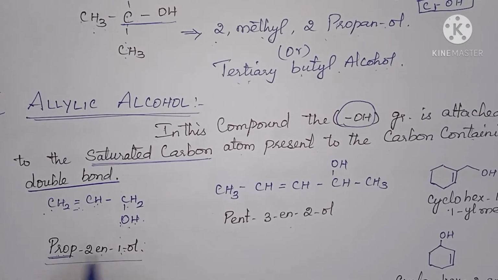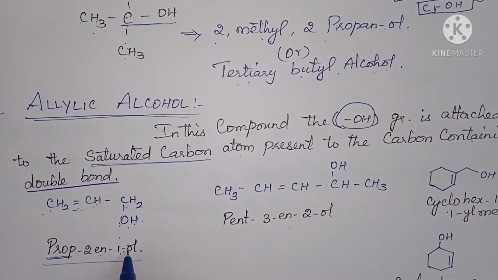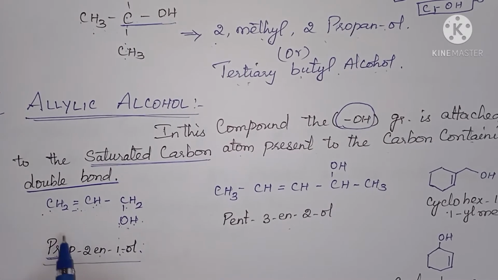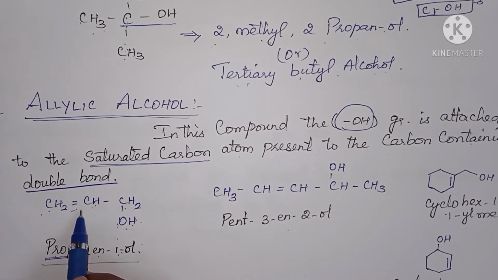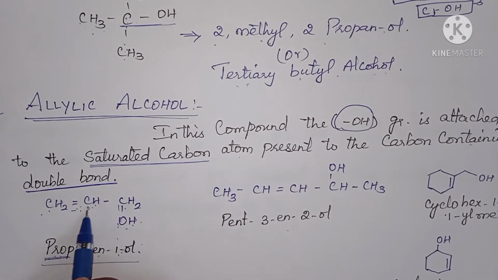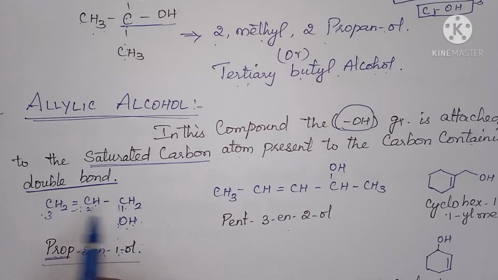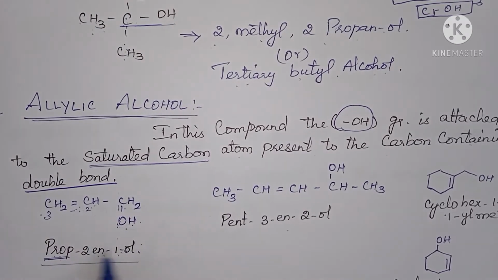So prop-2-en-1-ol. We give priority this way, but write the name from last to first. So how many carbons? 3 carbons. Where is the double bond? 2. Here 1, 2, 3. Okay, 2-ene. Where is the functional group? 1. It is 1-ol.